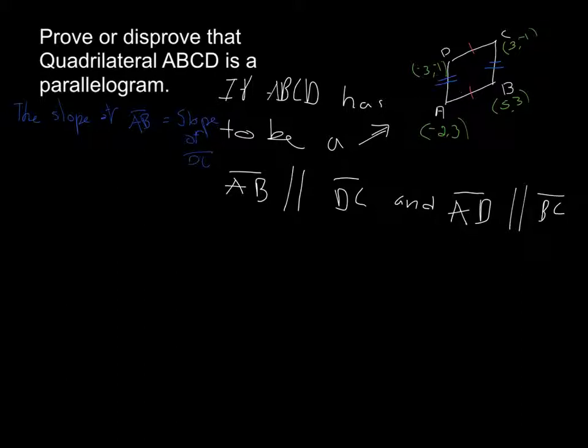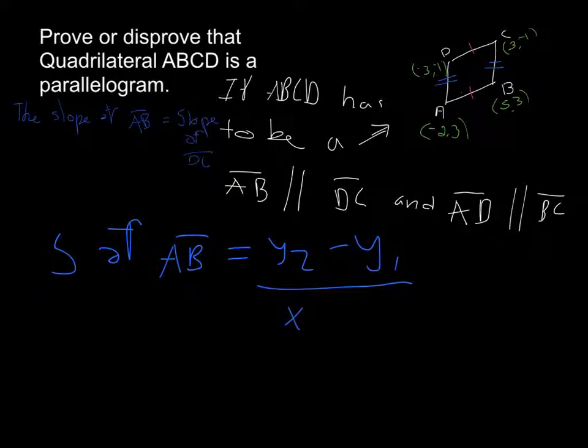To find the slope of a line segment, we always use the slope equation, y2 minus y1 by x2 minus x1. Sorry if I said equal to. So now we can substitute the values.